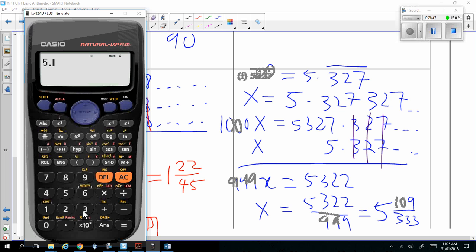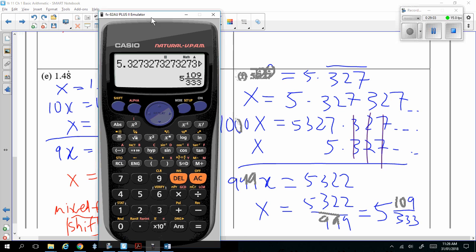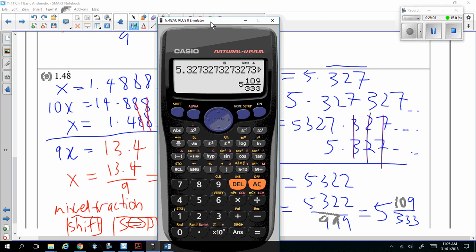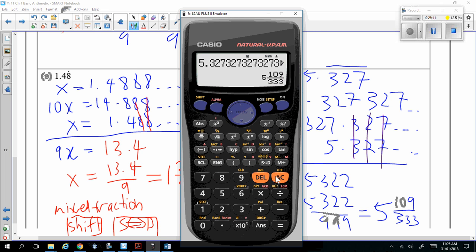Does it work? Yes, it works. So you can do it without doing any working, but in the exam you need to show working. You can't just write down the answer. For example, if I want to do E again, 1.4 with lots of 8s, equals, Shift S-D, and it gives it to you straight away.